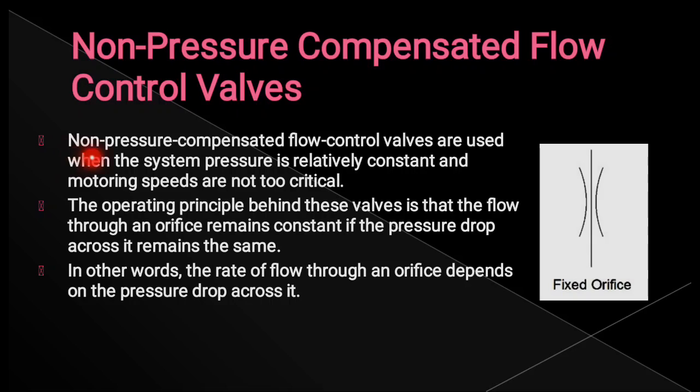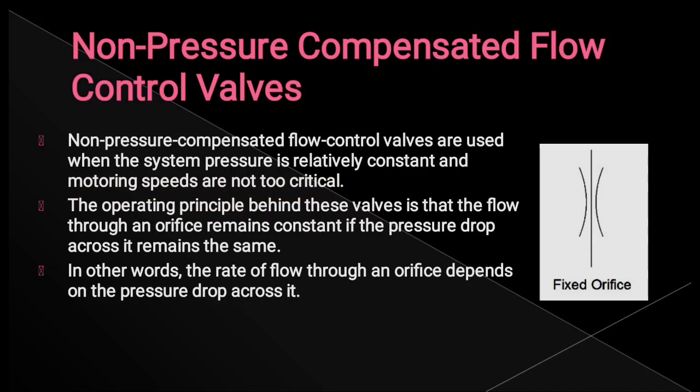Non-pressure compensated flow control valves are used when the system pressure is relatively constant. There is no variation of pressure expected in the system. In such cases we can use the non-compensated flow control, and the motor speeds are not too critical.